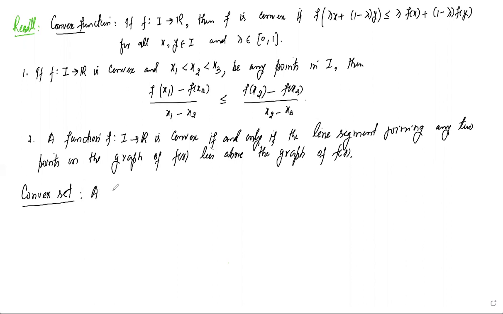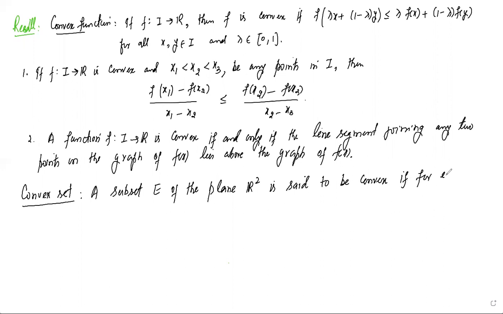A subset E of the plane R square is said to be convex if for every pair of points Z1 and Z2 in E.